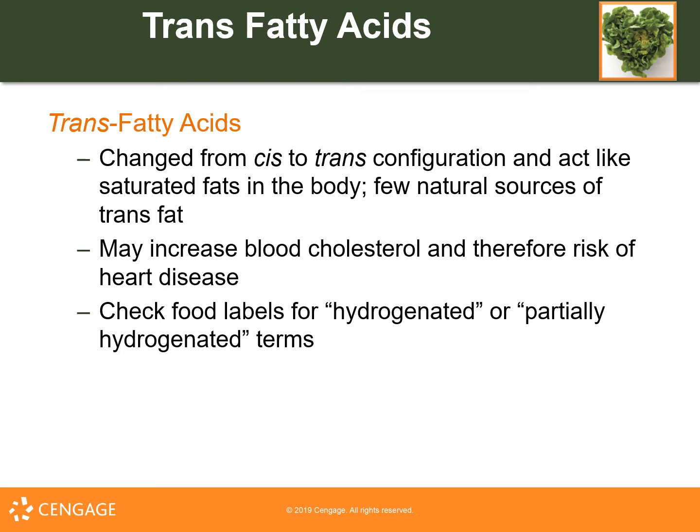Few natural sources of trans fat exist. Some can be found in milk and meat products. They may increase blood cholesterol and therefore the risk of heart disease. You want to check food labels for hydrogenated or partially hydrogenated terms.